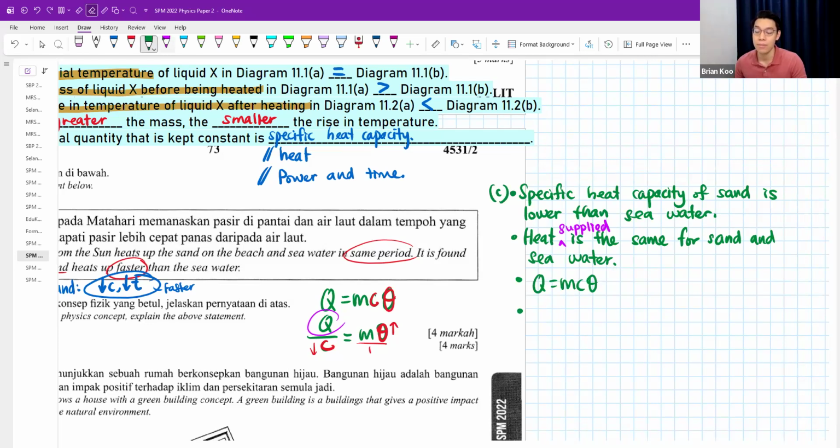When Q is the same, and maybe you can go and mention also the mass is the same, when I have a small c, I will get a bigger theta. It means that the rise in temperature is inversely proportional. How much my temperature changes, the theta, is inversely proportional to the specific heat capacity.